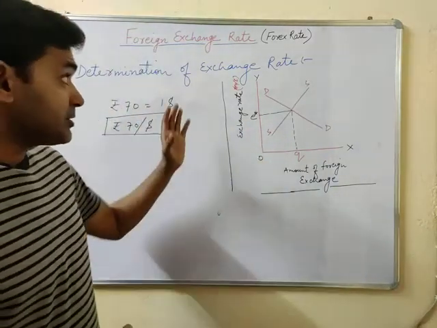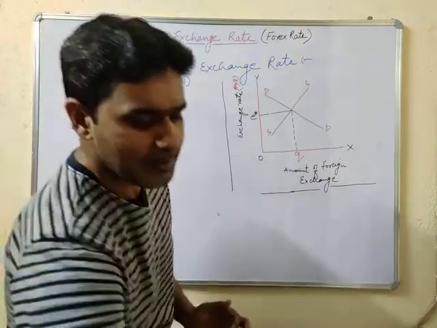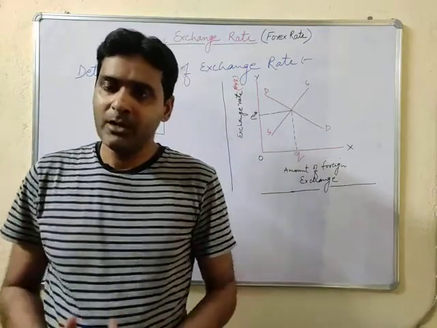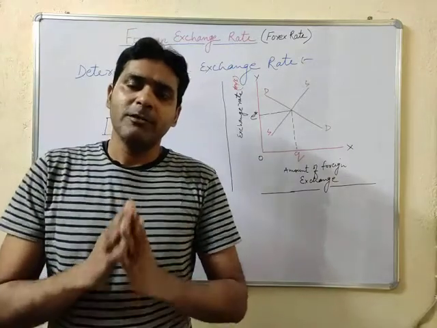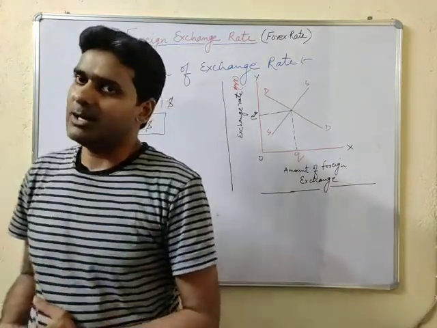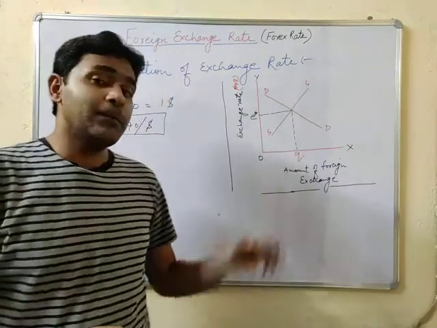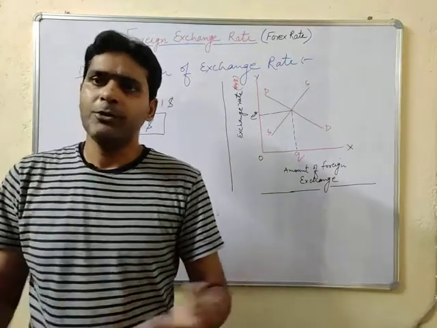So determination of exchange rate is done in a free market. Free market means where there is no government intervention. The exchange rate is determined by the free forces of the market, that is demand and supply of foreign exchange. Here RBI or the central monetary authority will not intervene.